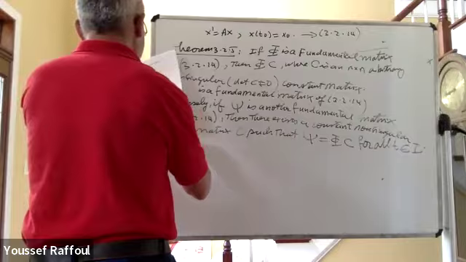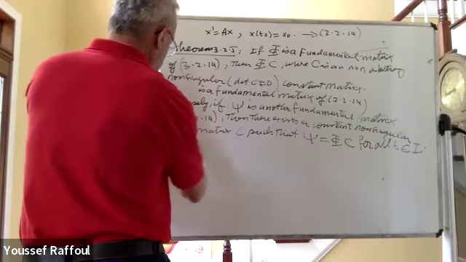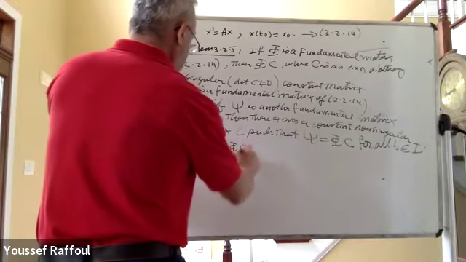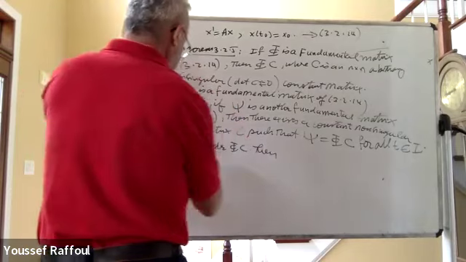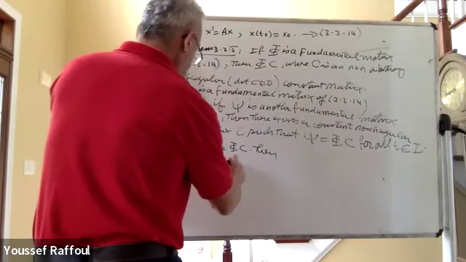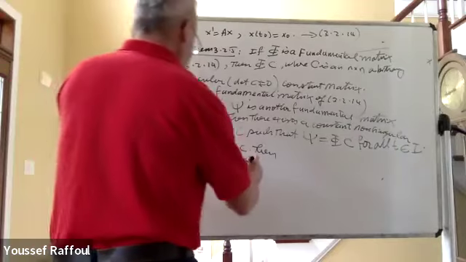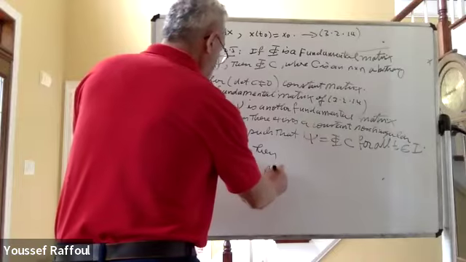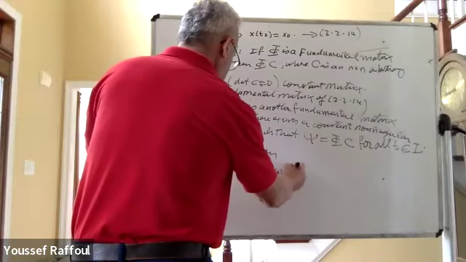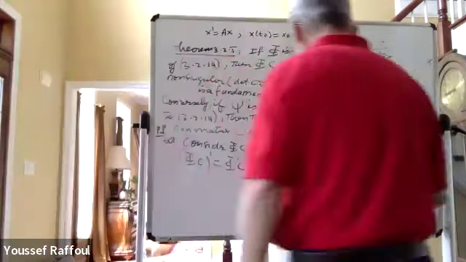Let us consider phi C. Then (phi C)' equals phi' C. Phi' is A^T phi times C, right?